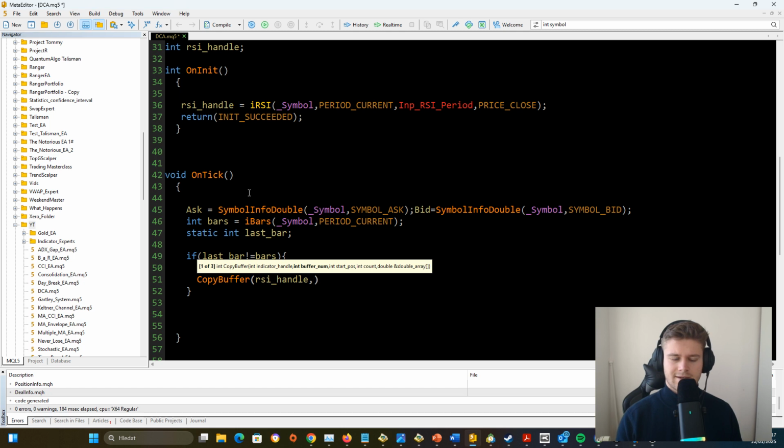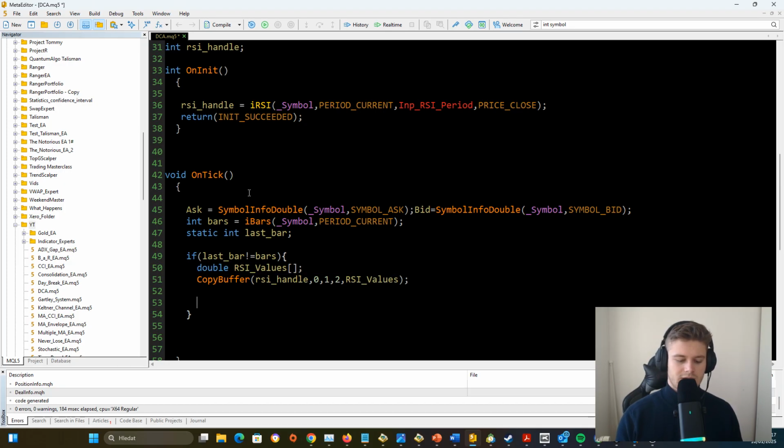So RSI handle, buffer number is 0, starting position is 1, count is 2, and double array is RSI values. So now I can check the conditions, or I can check for a signal, enter signal.